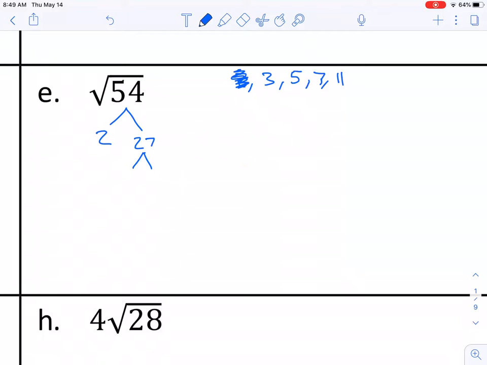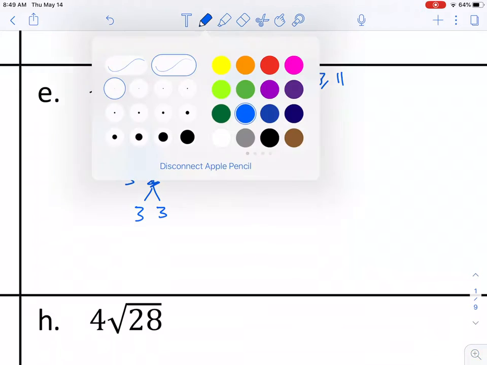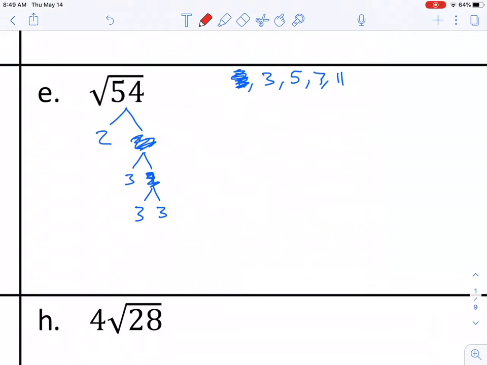Let's see if 3 works. 27 divided by 3, that will work. It will give us 9. And 9 divided by 3, that does work. That's 3 and 3. So there are my prime factors. I'm looking for pairs. Now we can find a pair here. Those 3's go together, or we can say these 3's go together.